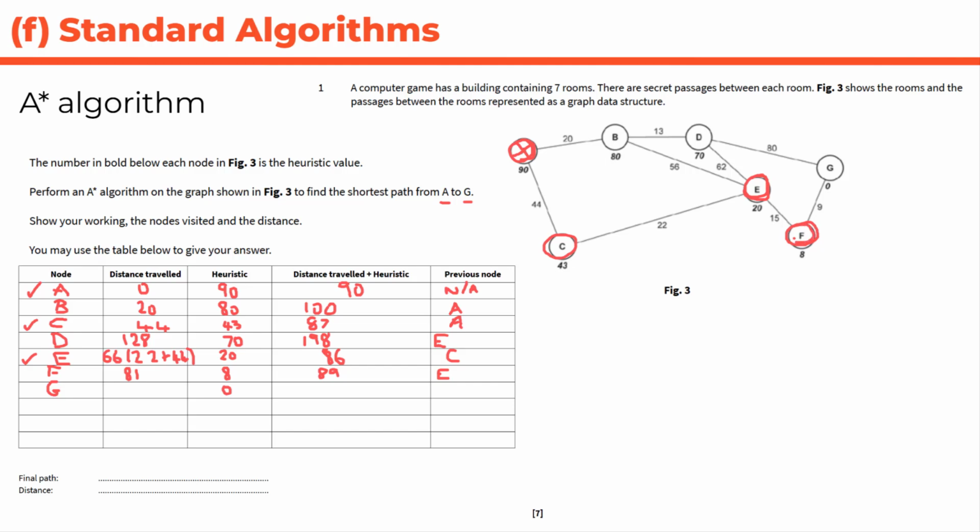Okay? So F's cost of getting to F is 81. And I can only see one node, and that's G. So there's a cost of 9 to get to G. So 81 plus 9 is 90. There's no heuristic value, which means it's 90 overall, and we got there via the F node. Okay?